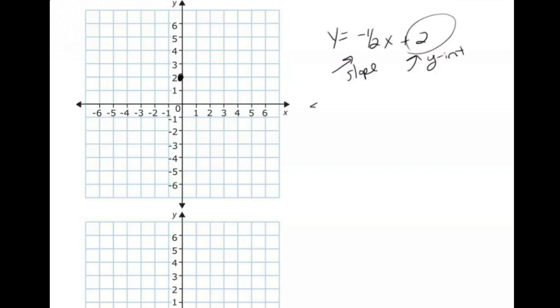Then I'm going to use my slope, which is rise over run, in order to generate my next point. So from my starting point at 2, I'm going to rise 1, and now I'm going to run to the left 2. Why am I running to the left? Because of that negative.